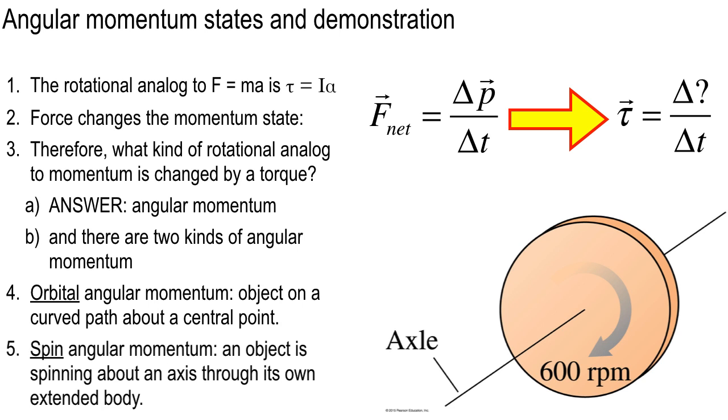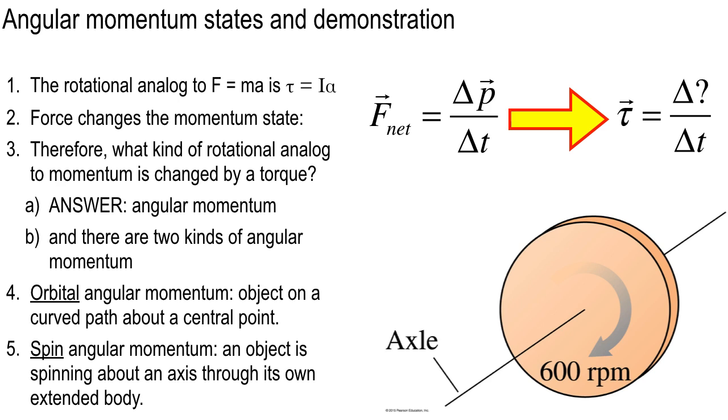Another kind of angular momentum is called spin angular momentum. And in the textbook, the PDF chapter that you'll be able to look at tonight, I mostly talk about spin angular momentum. Spinning wrench, spinning top, spinning Earth.